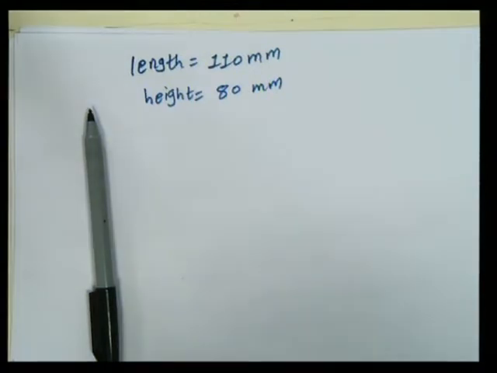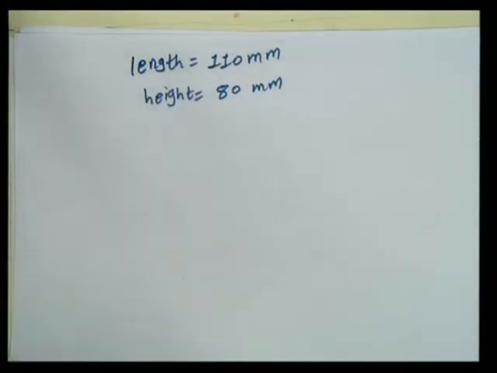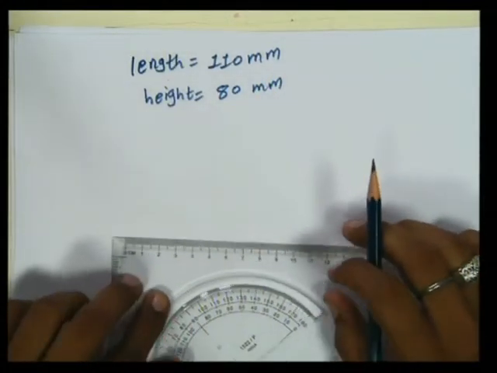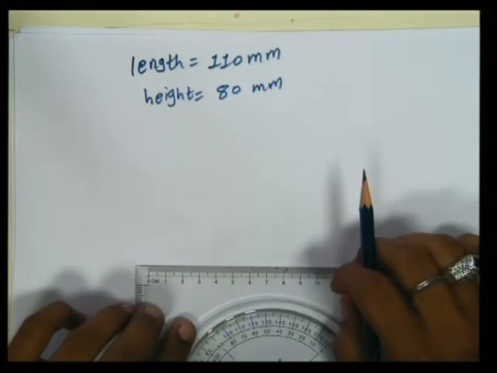Length is given as 110 mm, height is given as 80 mm. How can we draw this? Rectangular method, as the name suggests, means we will construct a rectangle having sides of 110 and 80 mm.